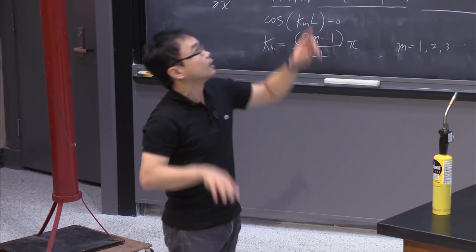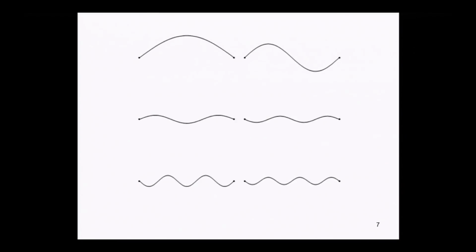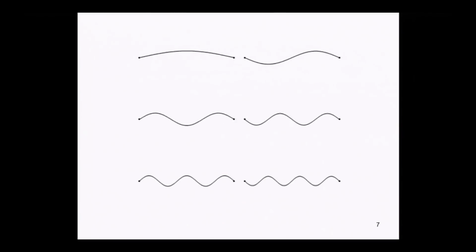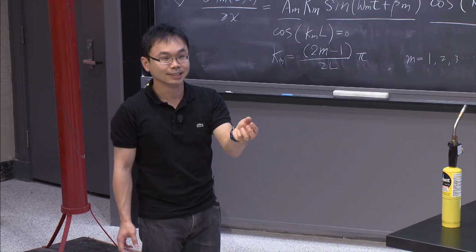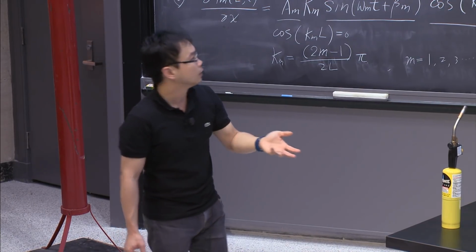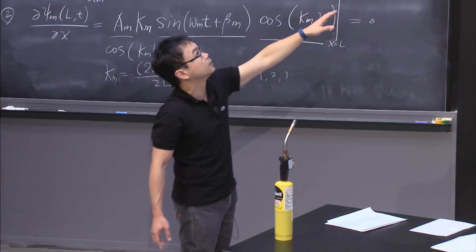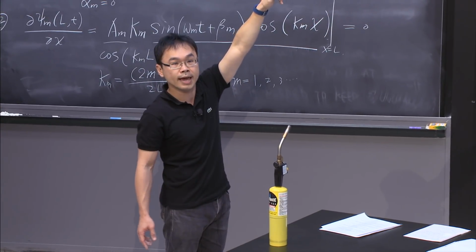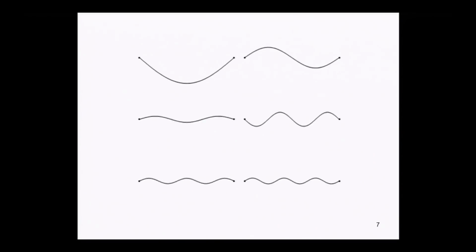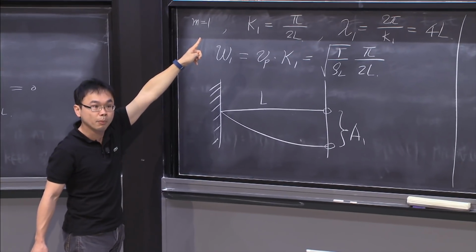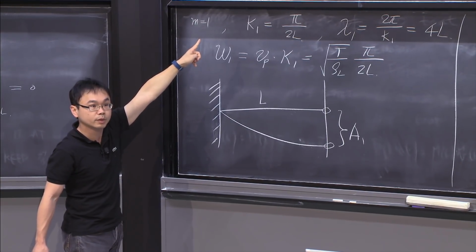If you focus on the upper left corner, you will see that the oscillation frequency is low. Why is that? That is because the wave number k_n is small, therefore the wavelength is long. According to that formula, ω_n is proportional to the wave number.